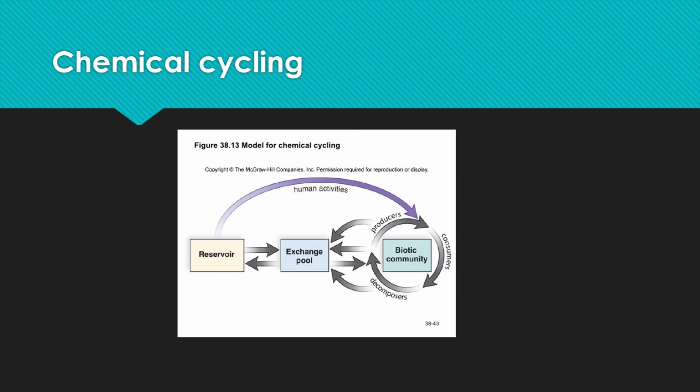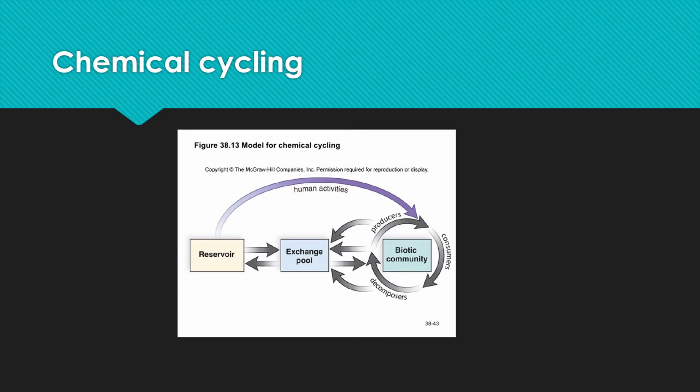But for chemical cycling, it must have specific components. The first is a reservoir. A reservoir is sources unavailable to producers, like minerals and rocks, fossil fuels. It has to have an exchange pool.